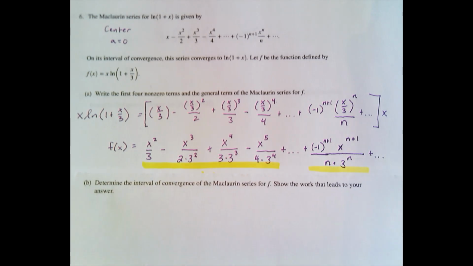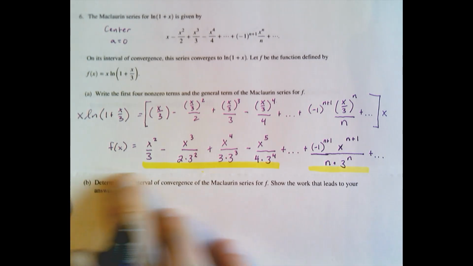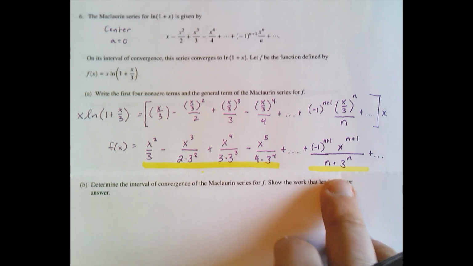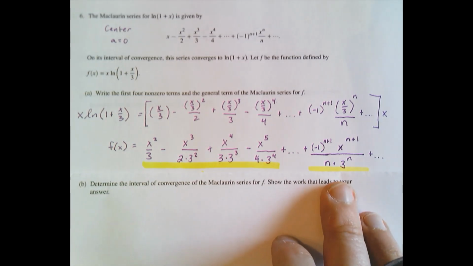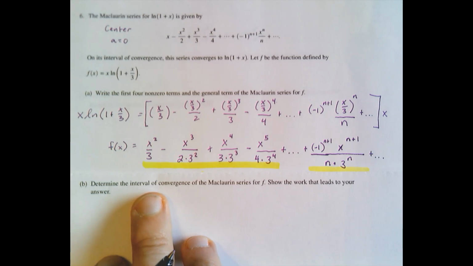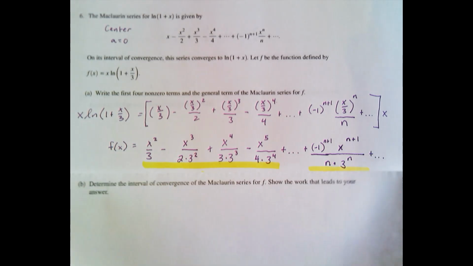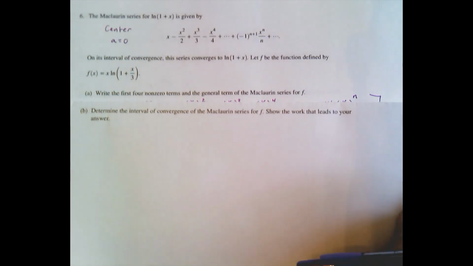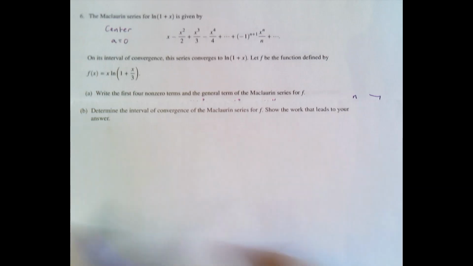Part B asks us to determine the interval of convergence for this series that we found here. Oftentimes in class, the approach that we take for the interval of convergence relies on the ratio test. I honestly think that might be the best approach in this problem, so let's move ahead with the ratio test.